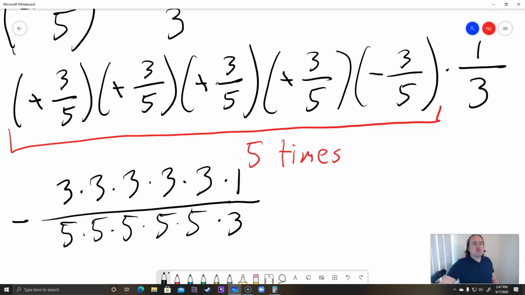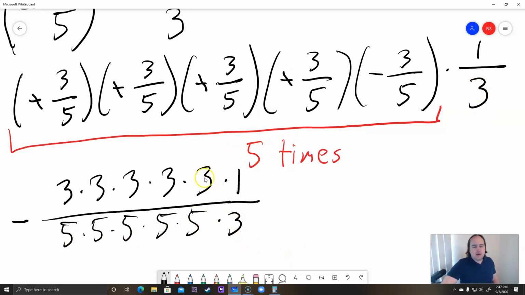Okay, so we have negative of 3 times 3 times 3 times 3 times 3, a total of 5 of those, times 1, that came from our 1/3. And then on the bottom we have 5 times 5 times 5 times 5 times 5, so there's a total of 5 of those, and then times 3 on the bottom. Okay?